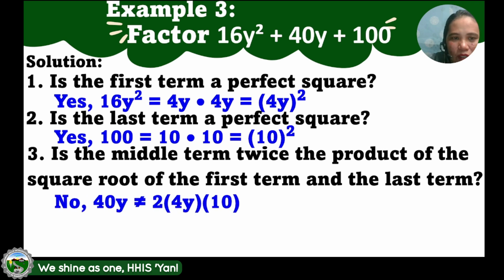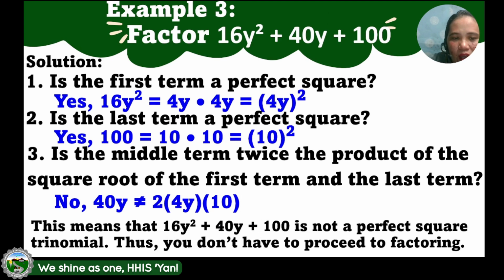No, because 40y is not equal to 4y times 10 times 2, which is equal to 80y. Therefore, 16y squared plus 40y plus 100 is not a perfect square trinomial. Thus, you don't have to proceed to factoring.